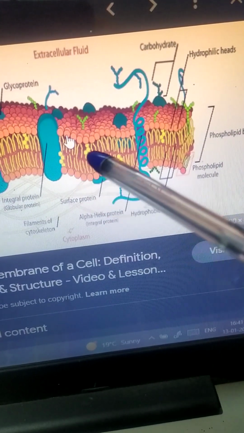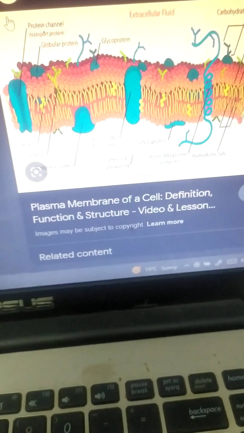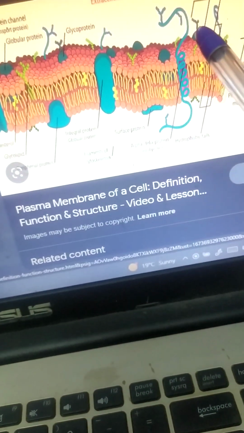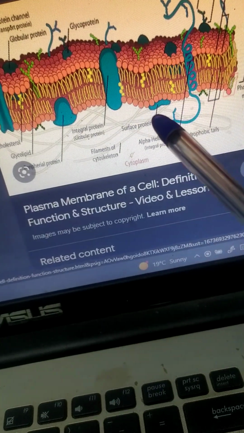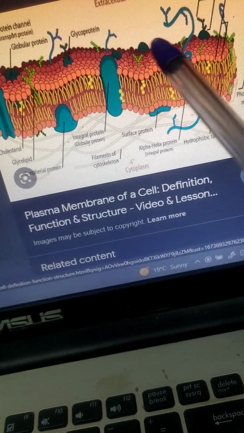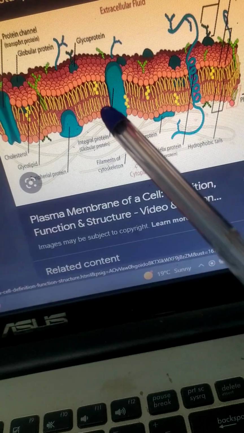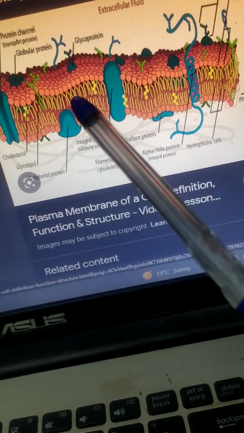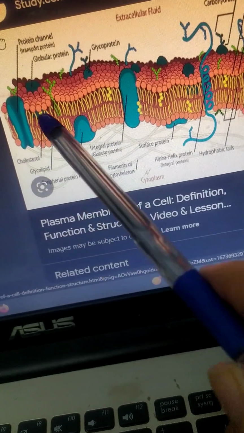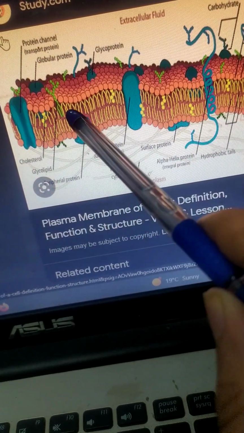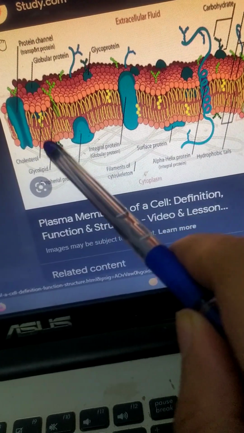This is your hydrophobic tail. And this is your alpha helix proteins, integral proteins, globular proteins, and this is your peripheral proteins. Cholesterols are attached to the tail region of the phospholipids.